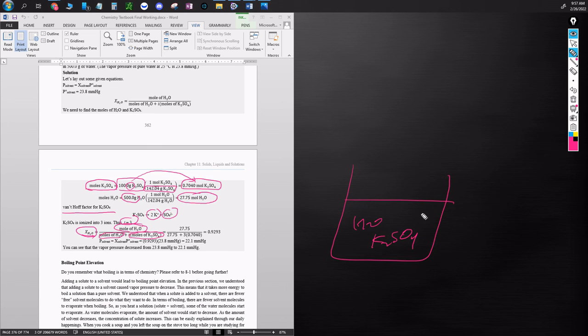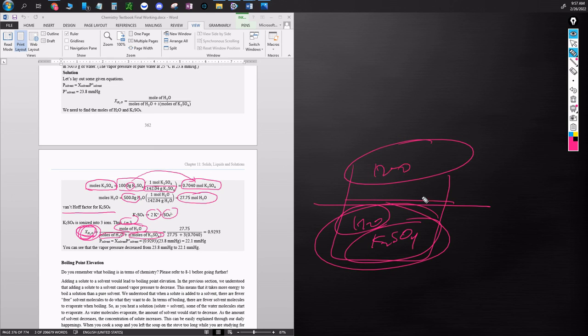So the total amount is the amount of water plus the amount of K2SO4, which is the bottom here. We're creating a mole fraction of water, so total over whatever we want, which is water. That's how we create a mole fraction.